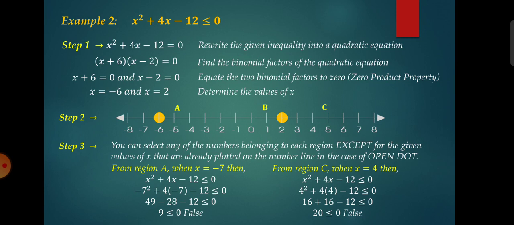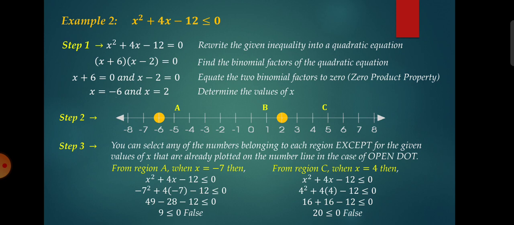What is 4 squared? That is 16. Plus 4 times 4 is 16. Bring down minus 12, bring down less than or equal to 0. 16 plus 16 is 32. 32 minus 12 is 20. Is 20 less than 0?